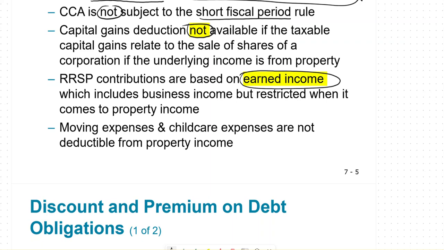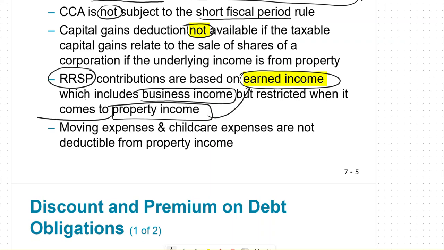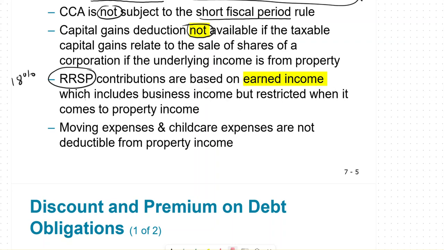Earned income includes business income, so you can include your business income, but you cannot include property income in your earned income to calculate your RRSP contribution. RRSP contribution is 18% of the earned income. So the business income is included in that earned income, but the property income is not.